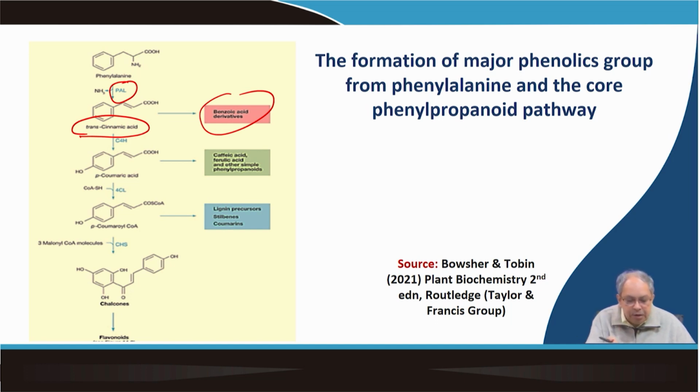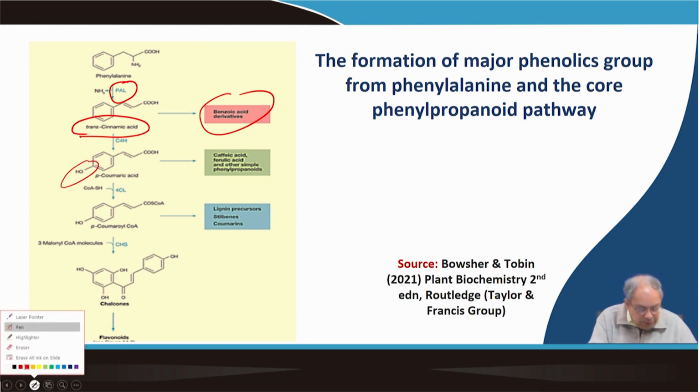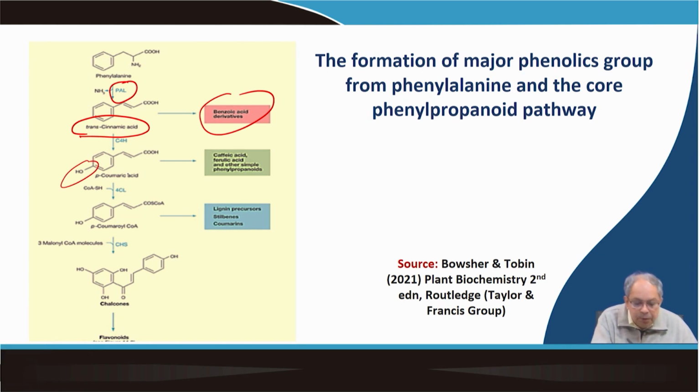I have drawn the structure just before. So, this is a hydroxylation added at the 4th position. That means, 1, 2, 3, 4, 5, 6. And then this paracumaric acid contributes to the formation of caffeic acid, ferulic acid and other important phenylpropanoid structures.